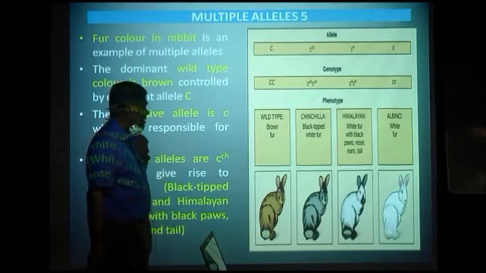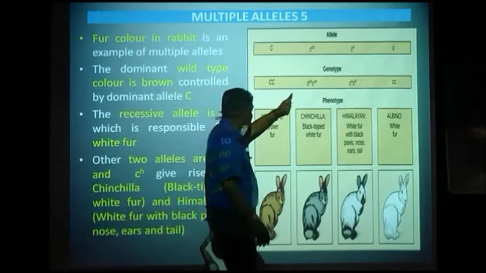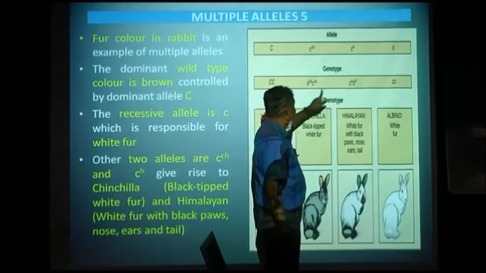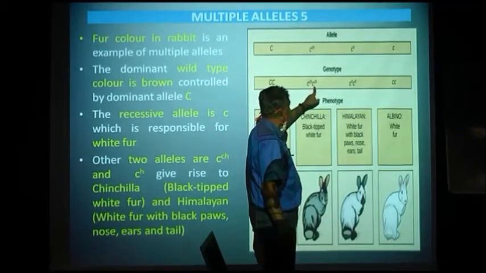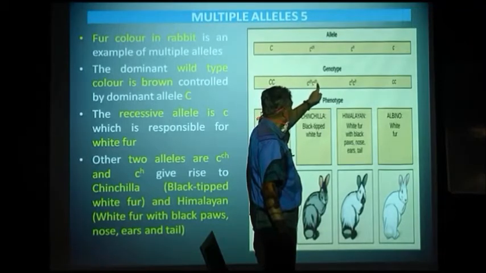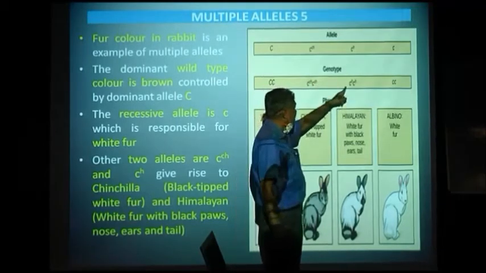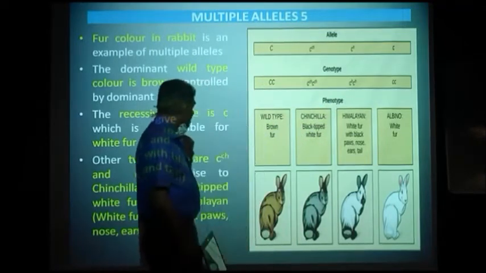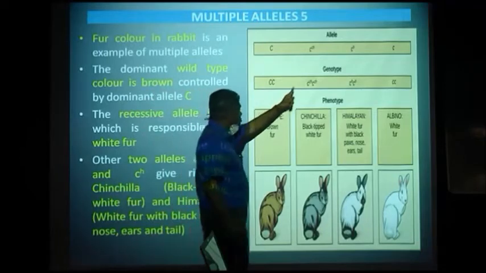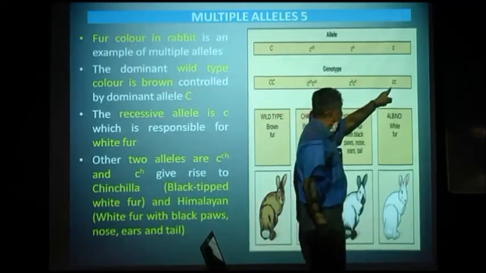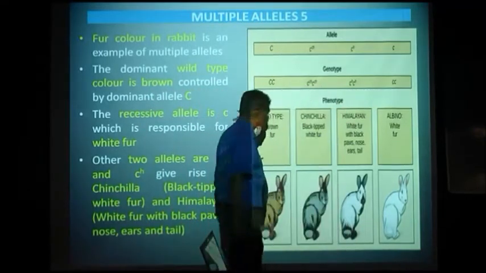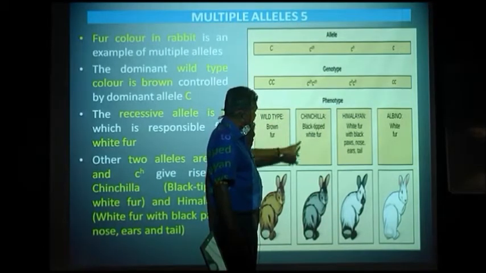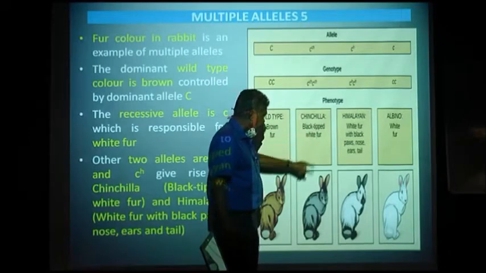things have developed, that is chinchilla and Himalayan. Small c, c^h, that is c^h stands for chinchilla and small c^h stands for Himalayan. Now, these 2 are mutations of the recessive gene, not the dominant gene. Now, here in chinchilla, you get black tipped fur.